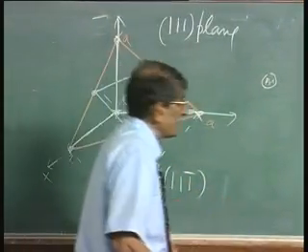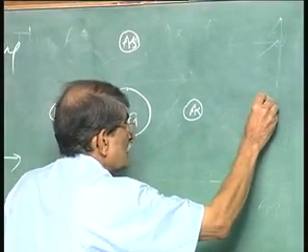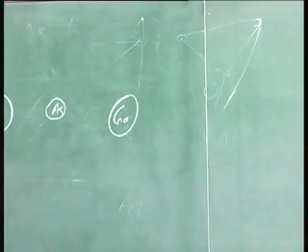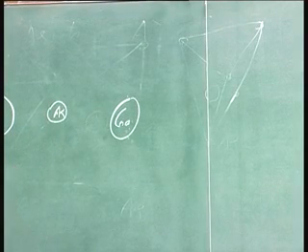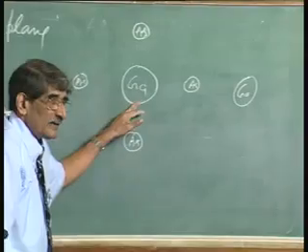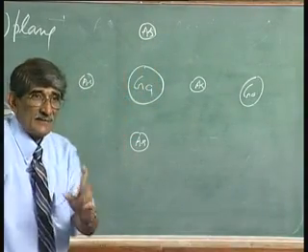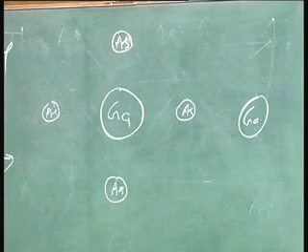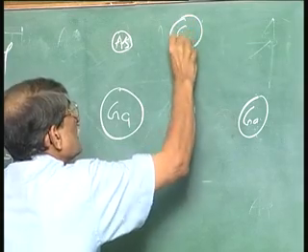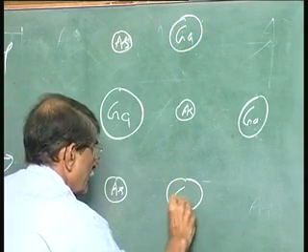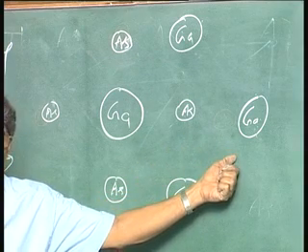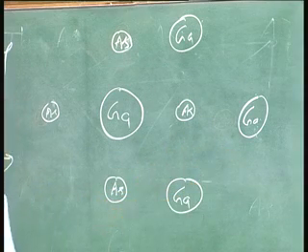If you move away, you will see again gallium, gallium, arsenic, gallium. And here this gallium has 4 neighbors which are arsenic. This arsenic has 4 neighbors which are gallium. So, that is the complete picture. That is the 2-dimensional picture, which is simple to see.